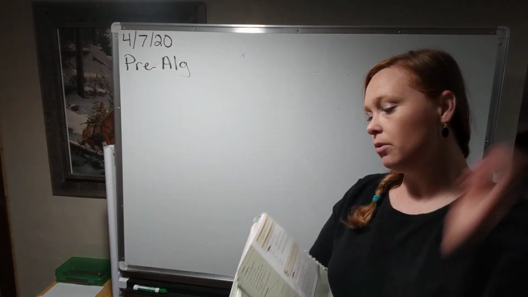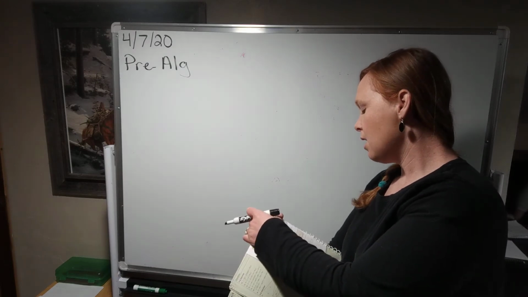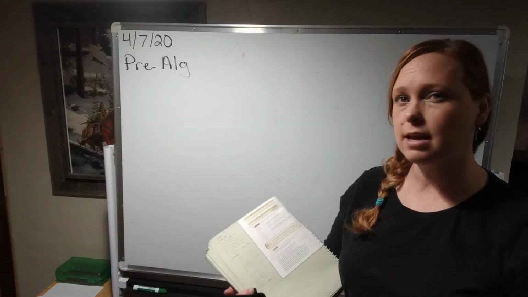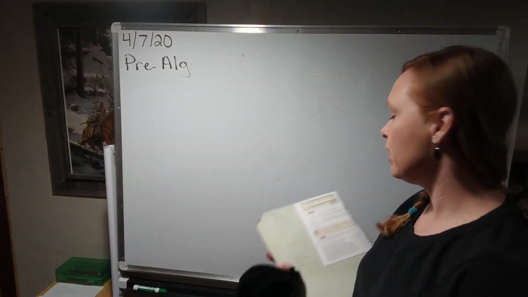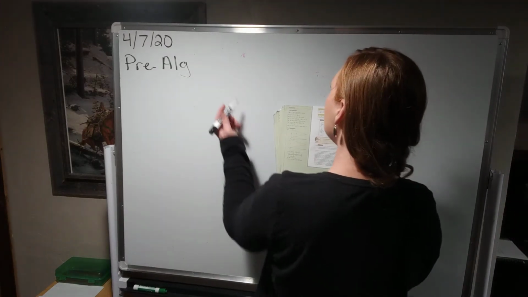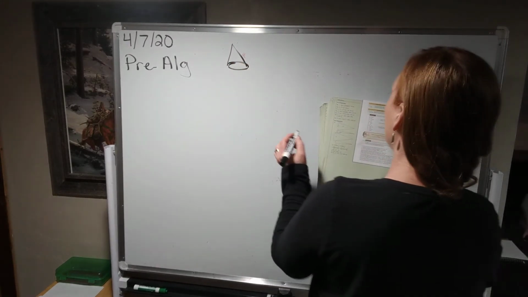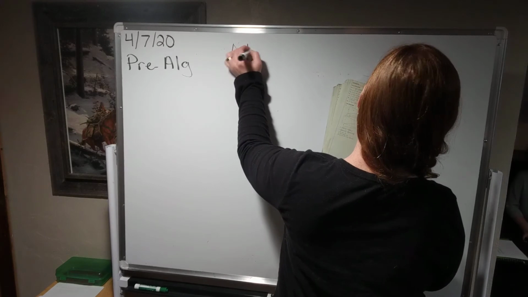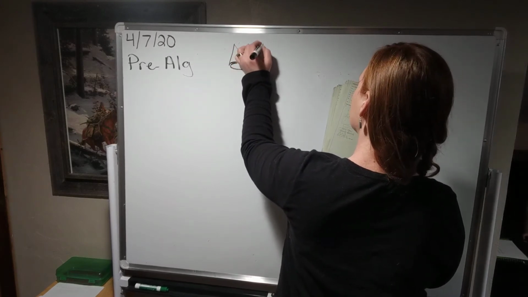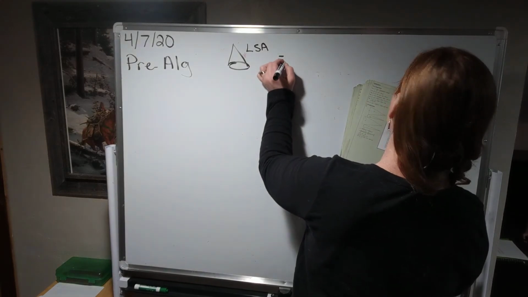So for the cone, we're going to have to use the formula, which is the same if we use a circle, right? Some we have to use that formula for because we have to have pi in it. So if we're doing a cone, and we want to find the lateral surface area, okay, then we're going to use this formula.